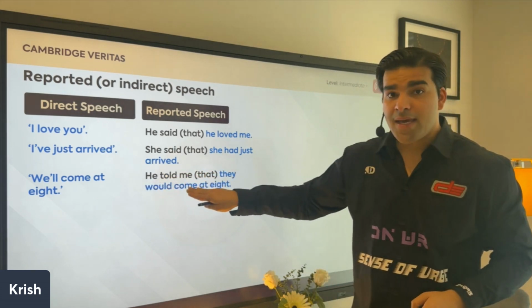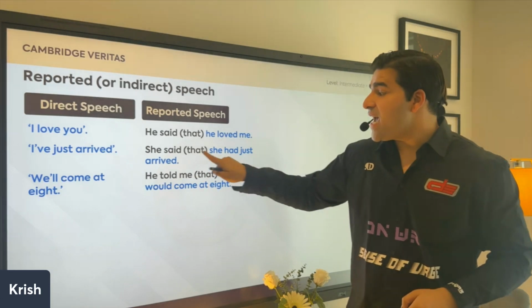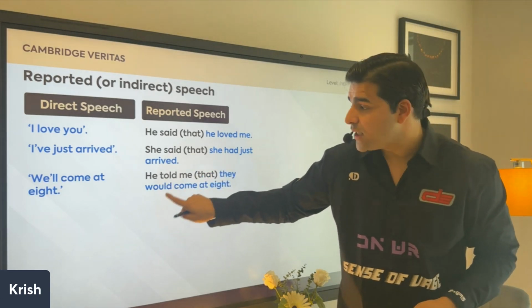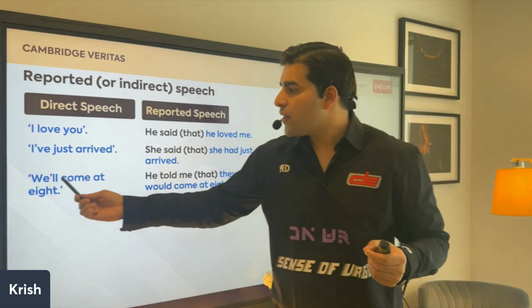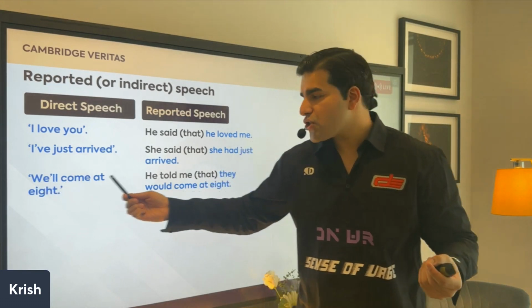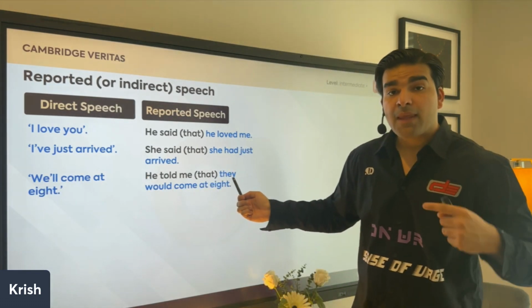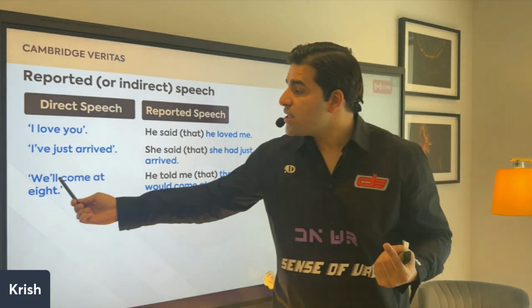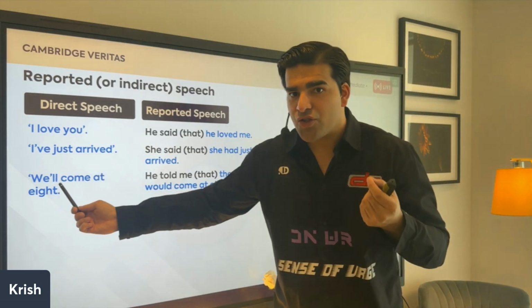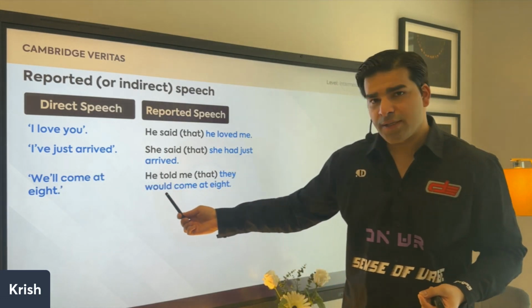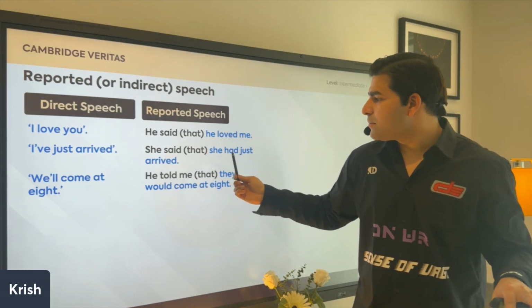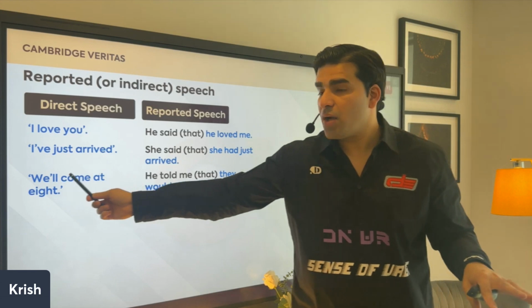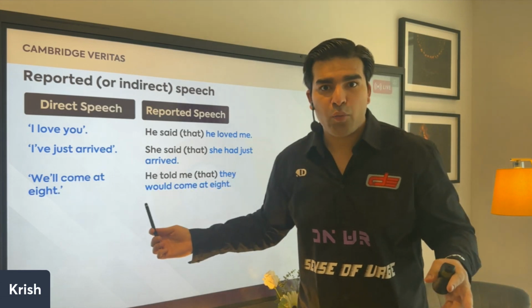He told me that they would come at 8. Now, if you notice, the word we changes to they, and the word will changed to would. Again, the pattern is repeating: past, past, and will's past form is actually would, in case you did not know.